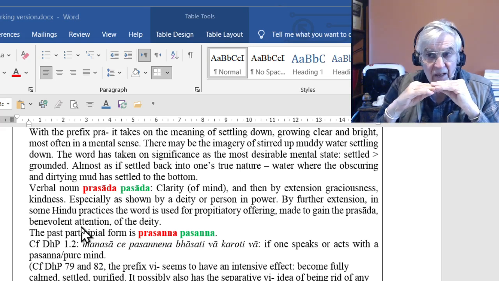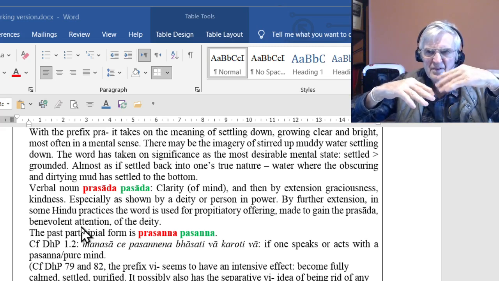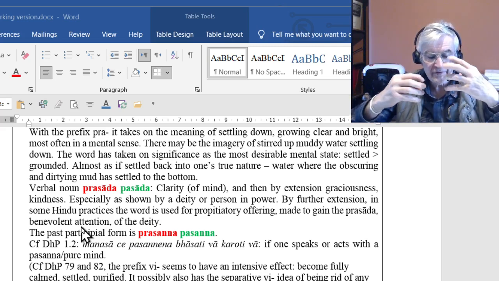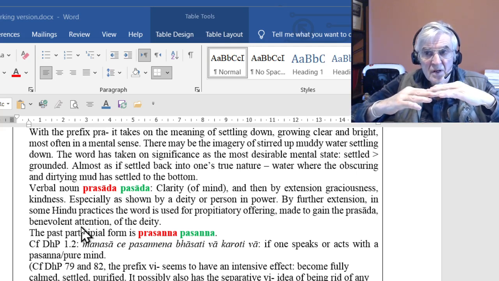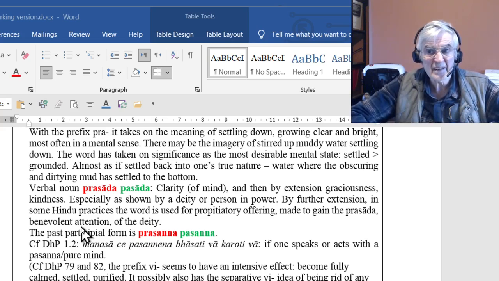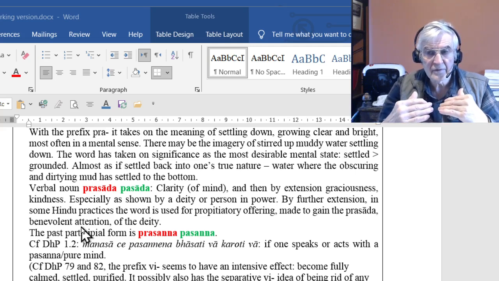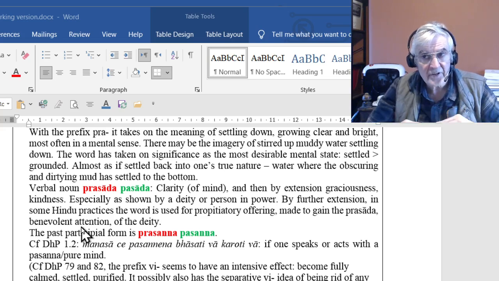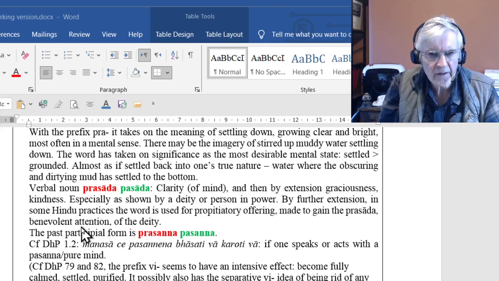The prasada is the process of these muddy, almost defilements, really, the dirty bits settling to the bottom. Prasidanti, they settle down, leaving, and that's the action of settling down, and also the state resulting from the settling down.